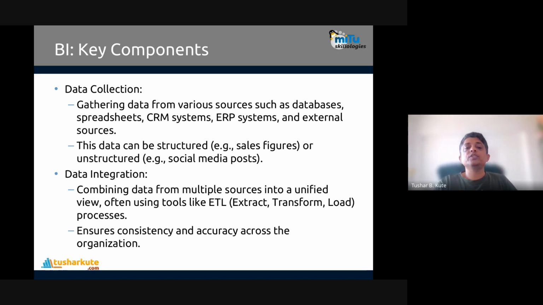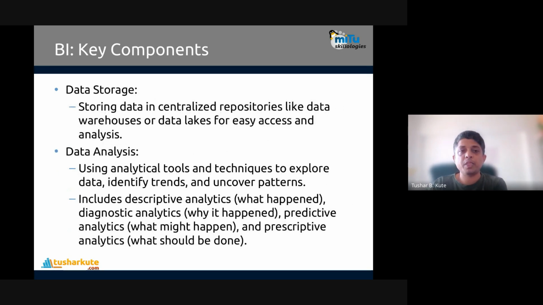It ensures consistency and accuracy across the organization. Everywhere the same processes and the same kind of ideas are followed, so consistency and accuracy are also possible. Next, data storage, the next component which BI will contain. Data warehousing is a common term used for storing the data.